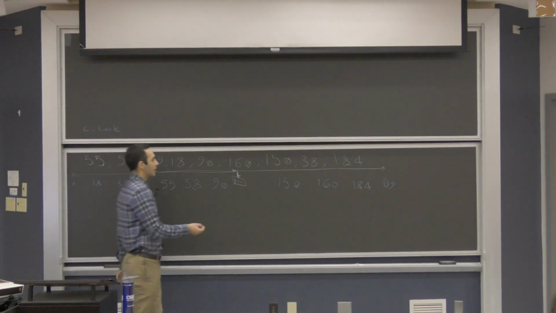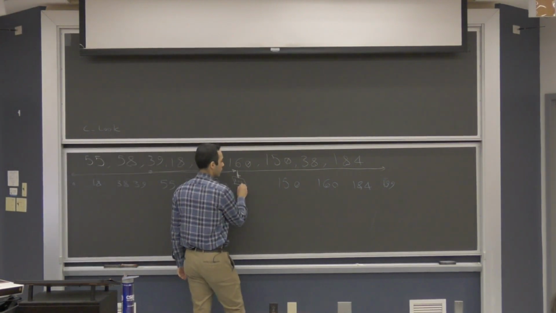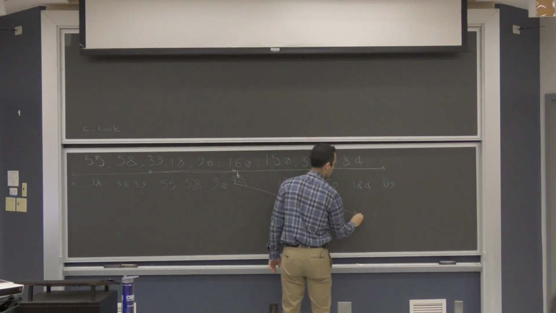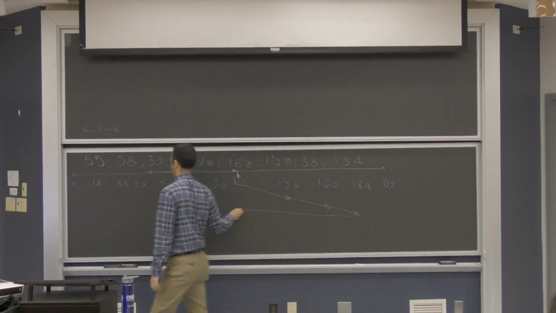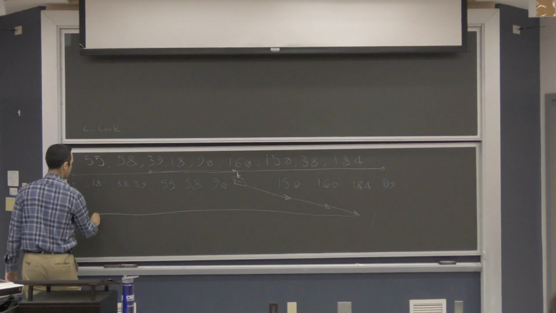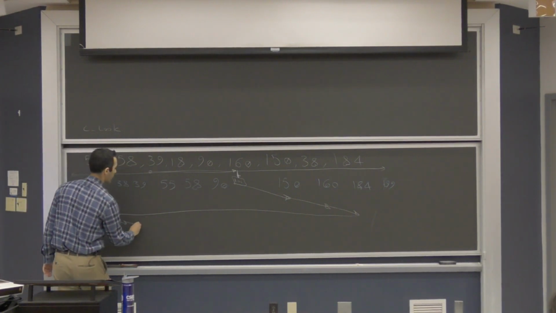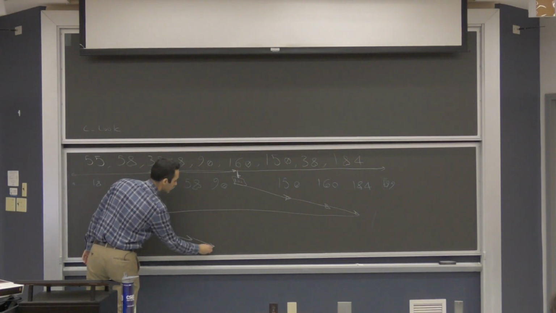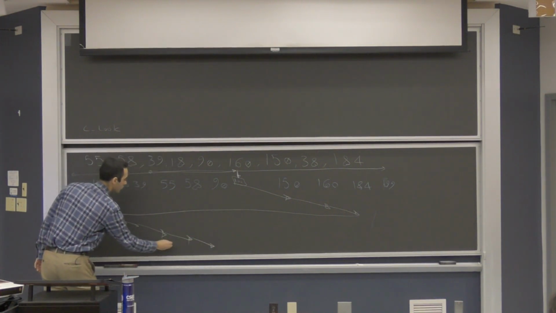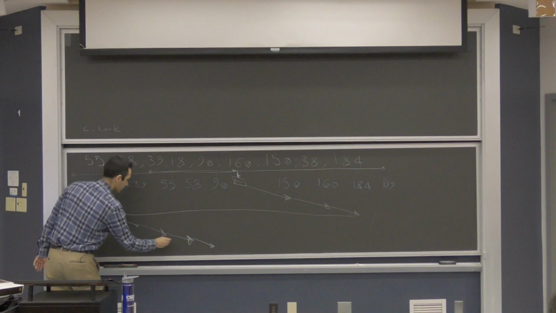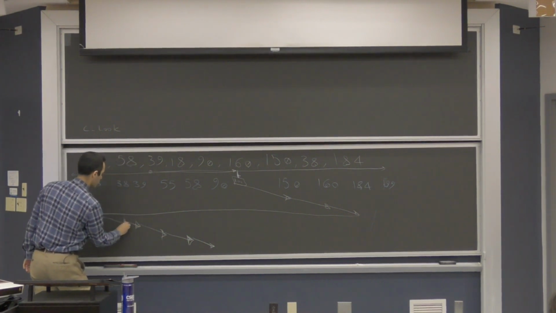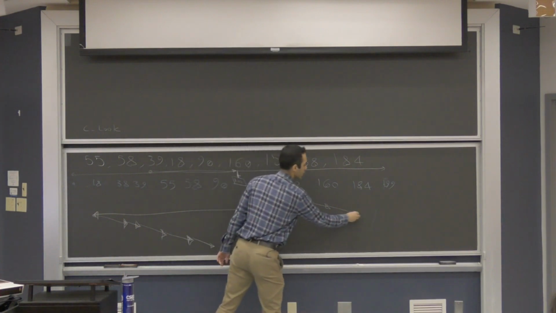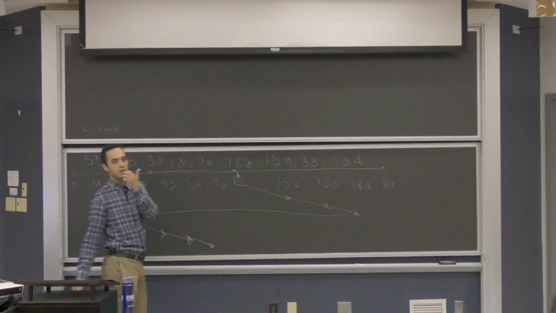So basically, it will be moving from here to 150, 160, 184, then 18, 38, 39, 55, 58, 90. I hope this is clear. If not, I'll try to make it a little bit clearer. Alright? So those are the head moves.